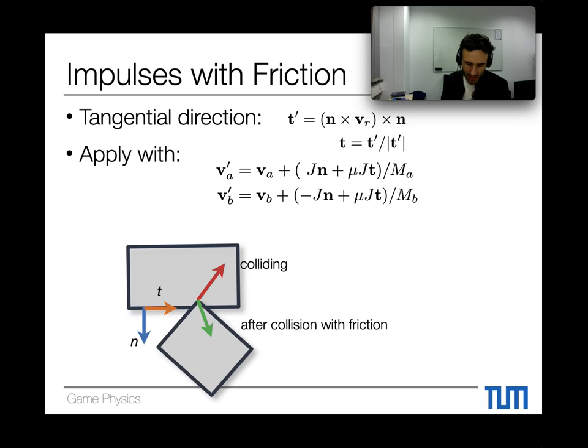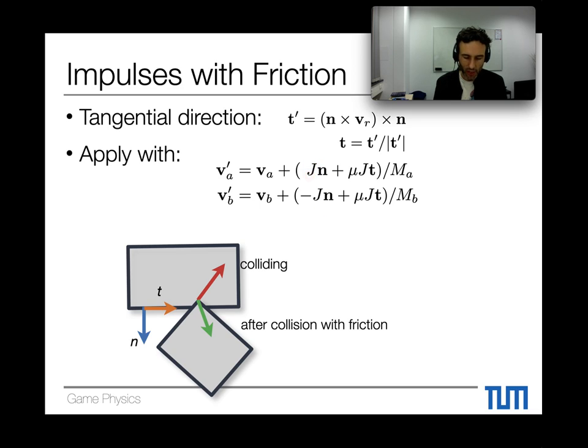And for the impulse, we can now simply change the way it's applied. I only wrote the linear part here on the slides. The angular part is directly in line with this. I don't think I need to write it out here.